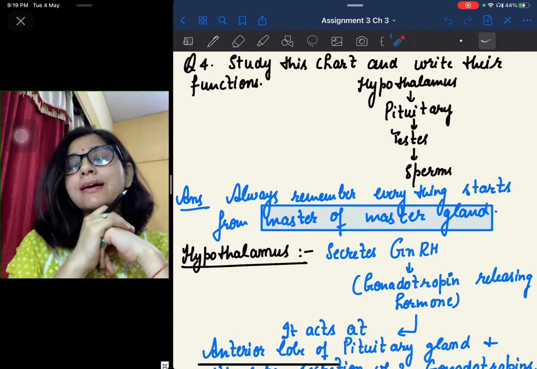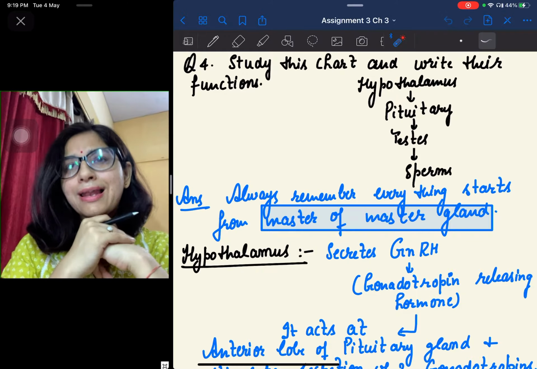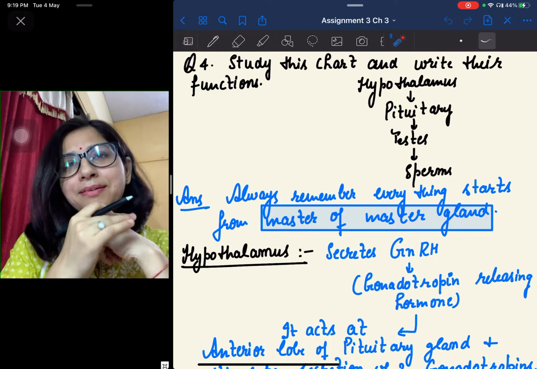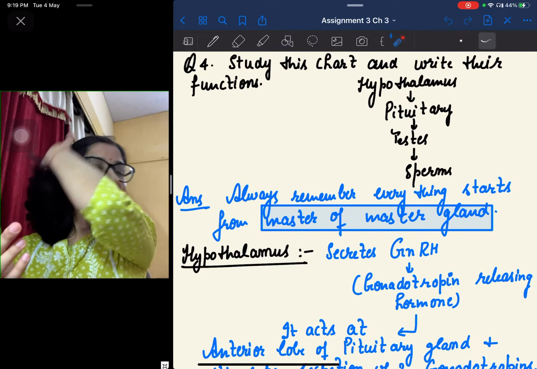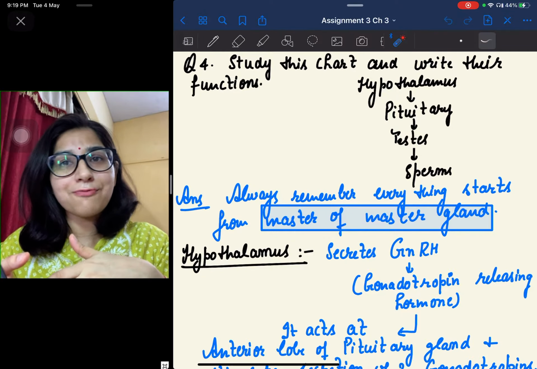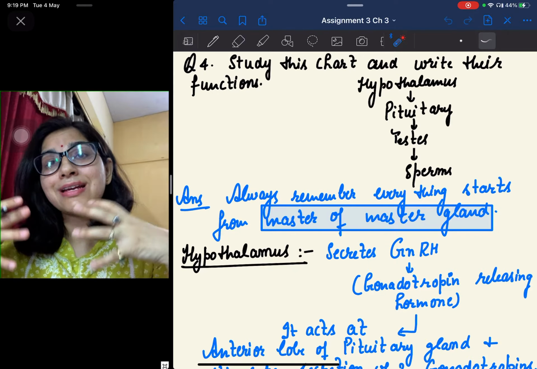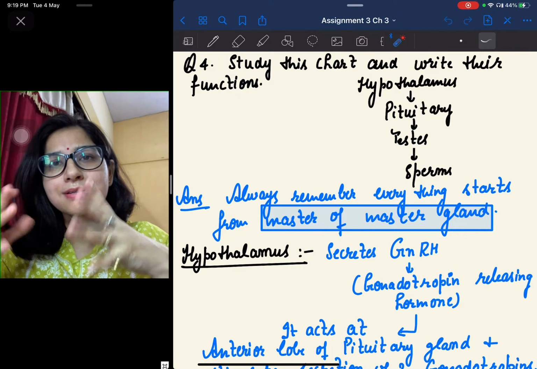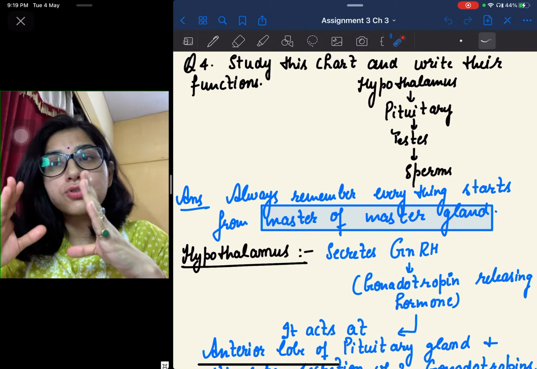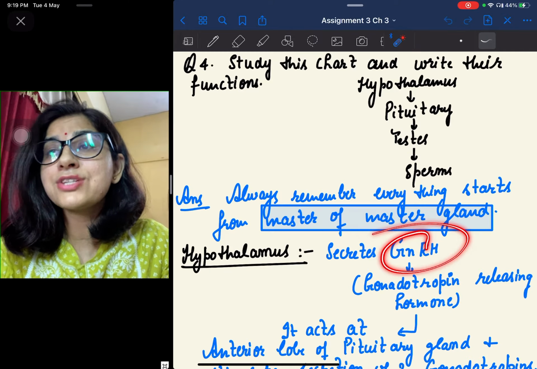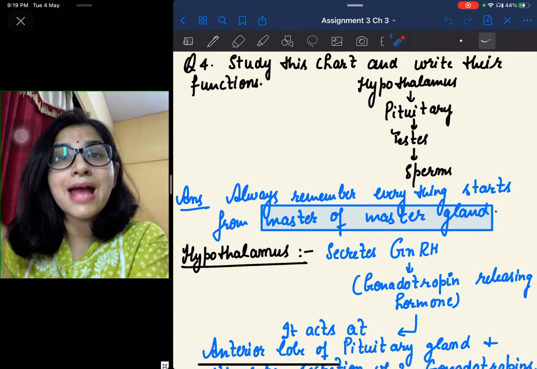The first signal comes through the hypothalamus. It secretes something. Definitely it will give the signal, और signal हमेशा बच्चों hormones के form में होता है. These are glands. So the hypothalamus secretes GnRH. Now what is GnRH? It is gonadotropin releasing hormone. ये पूरी full form आपको आनी चाहिए बच्चा. GnRH.